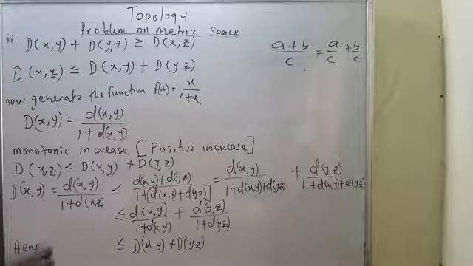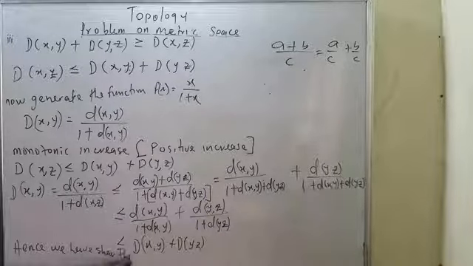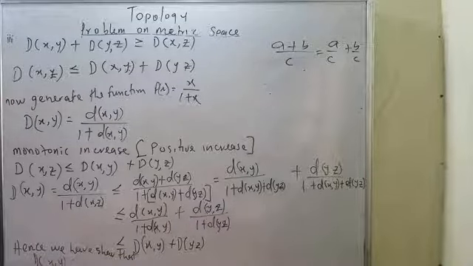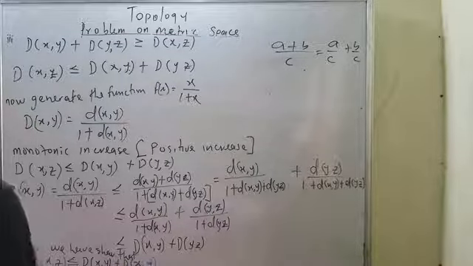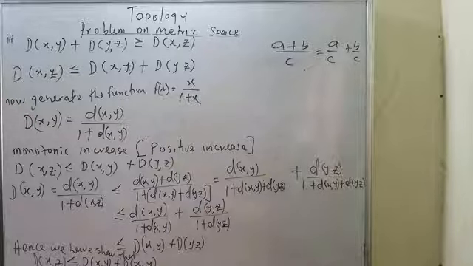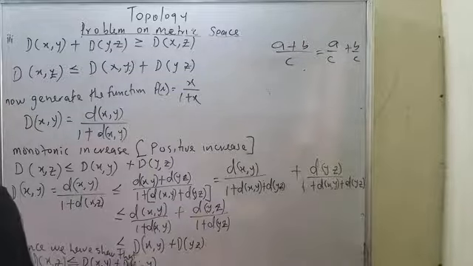Hence we have to show that d of x comma y, d of x comma z, to be less than or equal to d of xy plus d of yz.